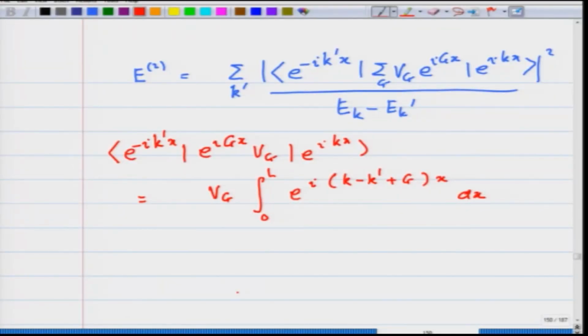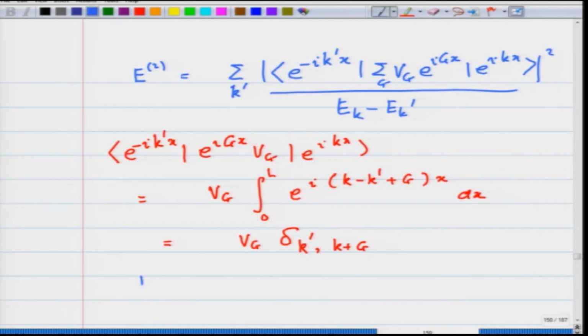This you have done again and again in your free electron theory. So, I am not going to actually go over how to evaluate this integral, but I know this is going to be V g times delta k prime comma k plus g, with all the normalization 1 over L and everything taken care of. So, this is non-zero only when k prime equals k plus g.